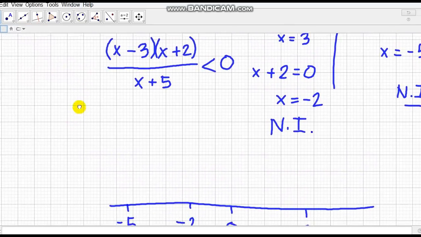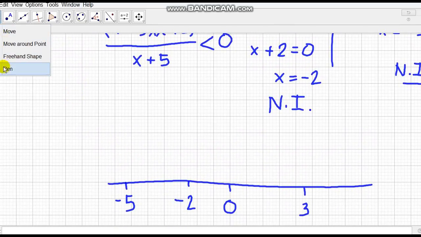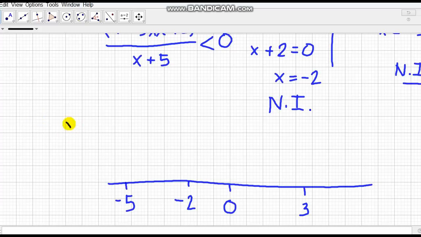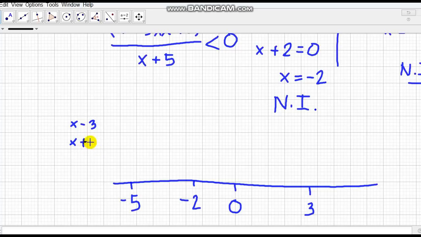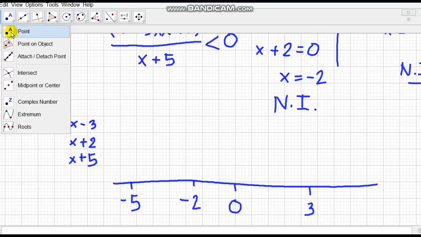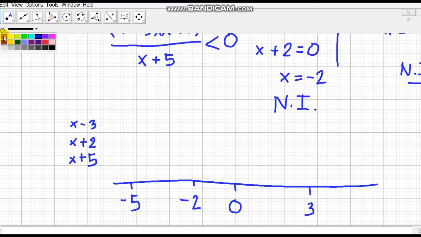And let's put the binomials as well: x minus 3, x plus 2, and x plus 5. And let's also write the signs that we have to have.